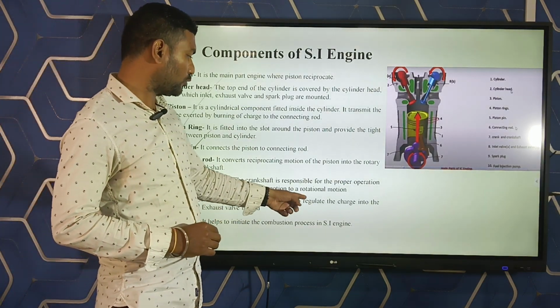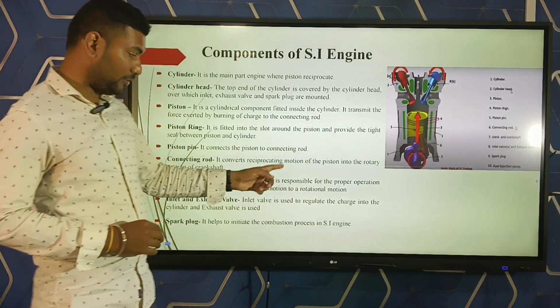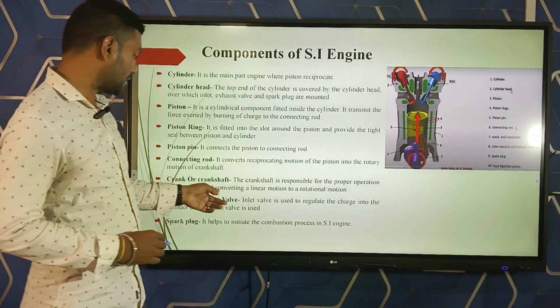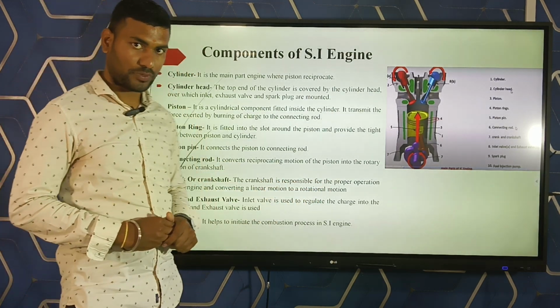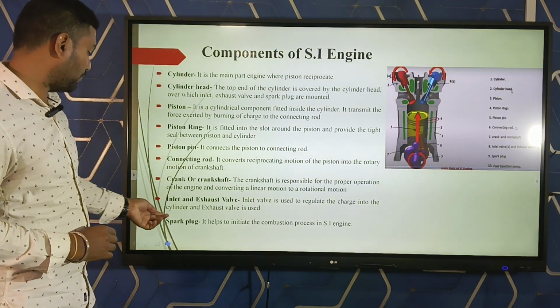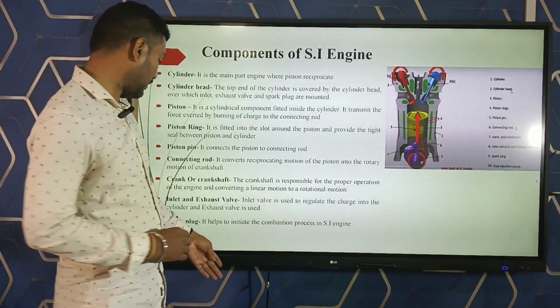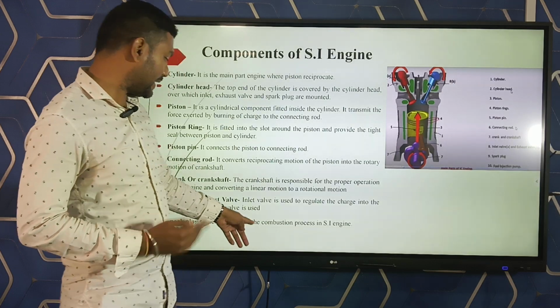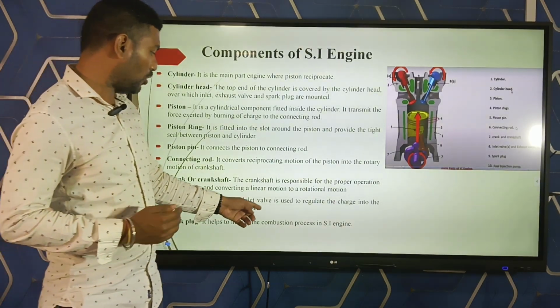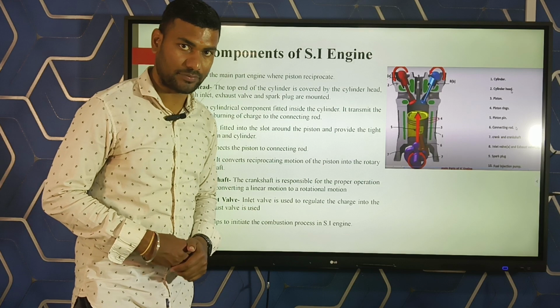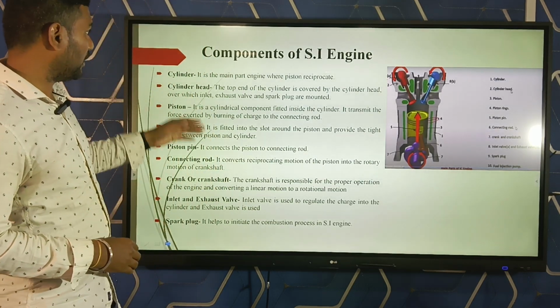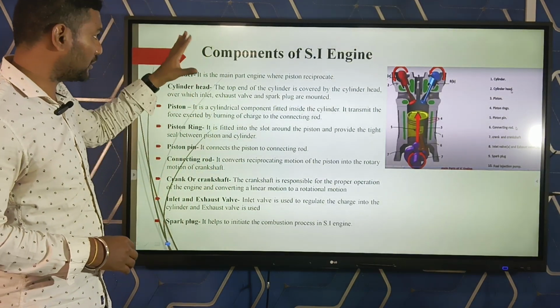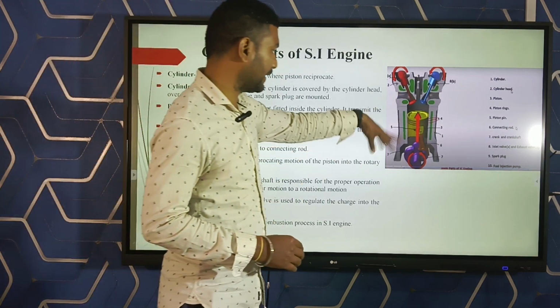The inlet valve is used to regulate the charge into the cylinder and the exhaust valve is used to let out the exhaust. Then next component is the spark plug. It helps to initiate the combustion process in the SI engine. These are the components of the SI engine. This is the diagram.